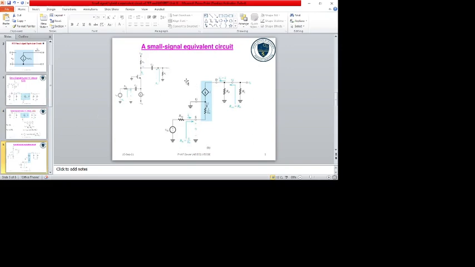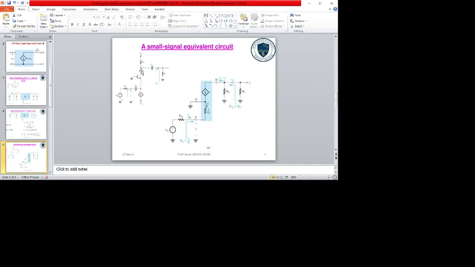Now we will move on to the next one, the common gate configuration. Here the gate terminal is grounded, at the same time the input AC signal is given to the source terminal, and output is measured from the drain terminal.